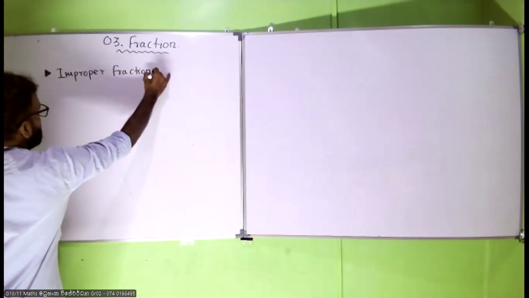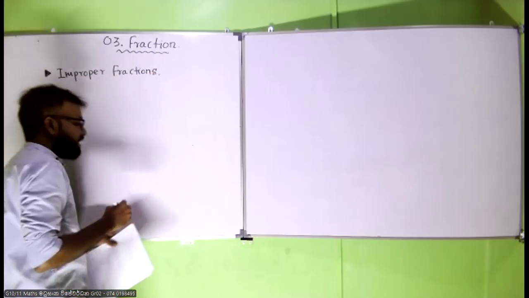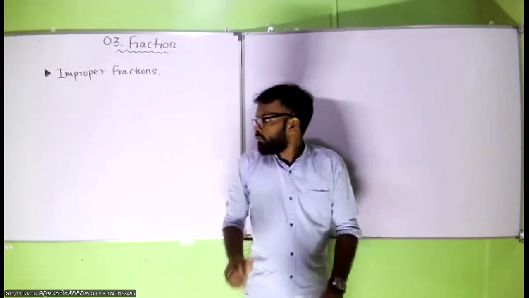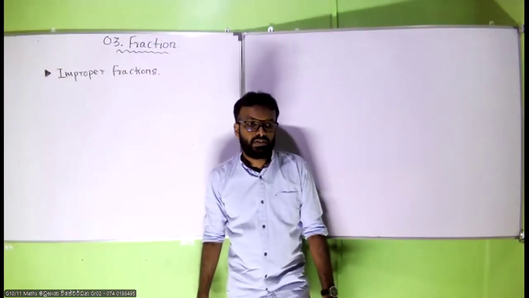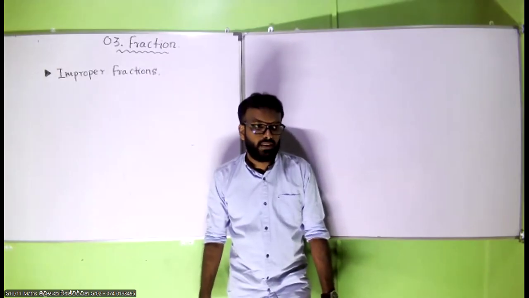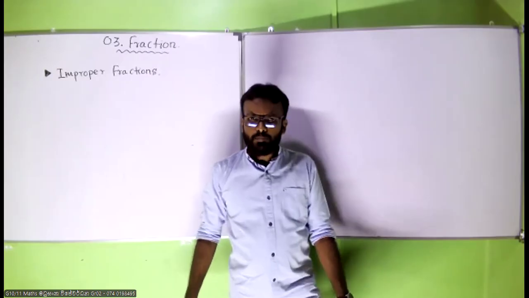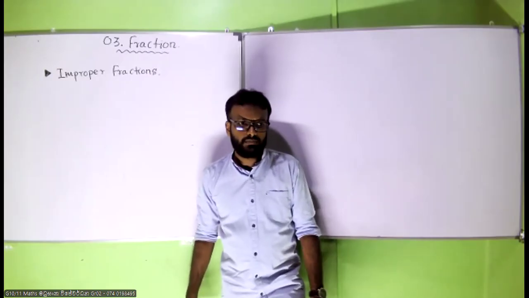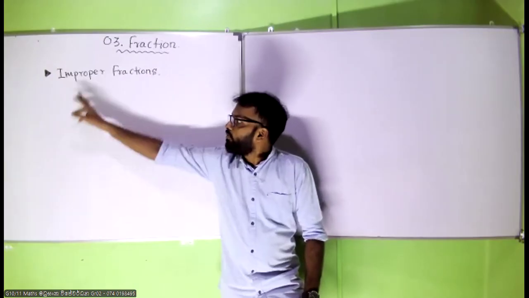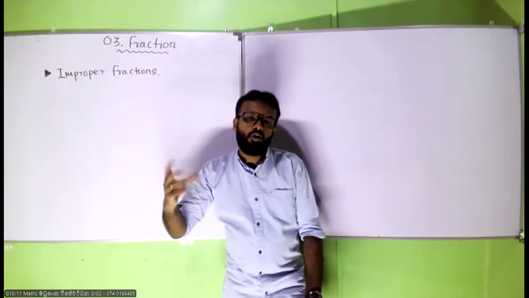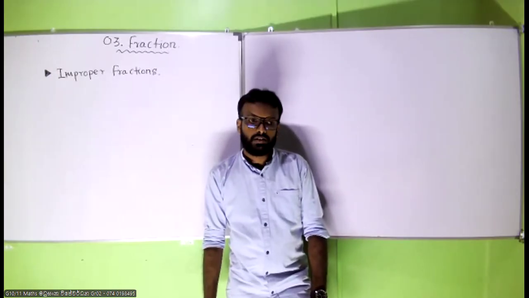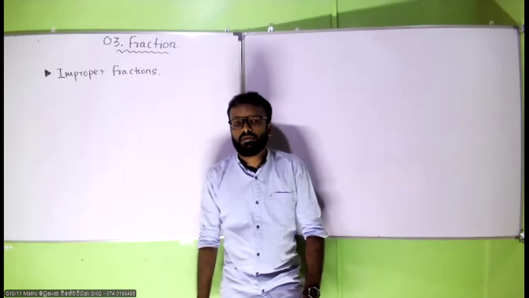Can anyone tell me what is the property that you can see under improper fractions? The numerator is bigger than the denominator. Super. For an improper fraction, always the numerator is bigger than the denominator. You need to remember that.